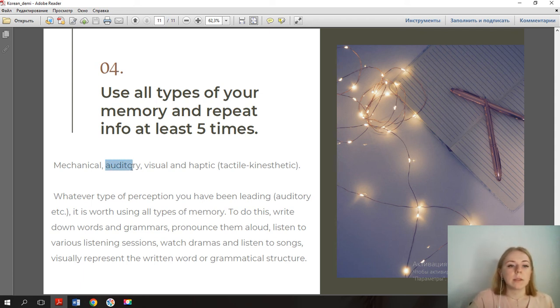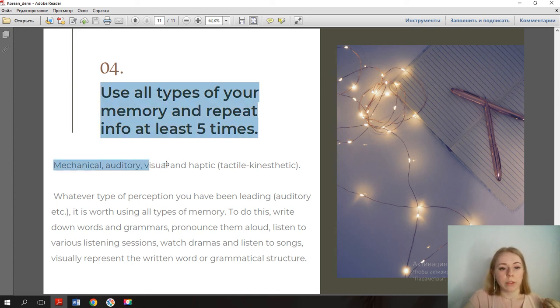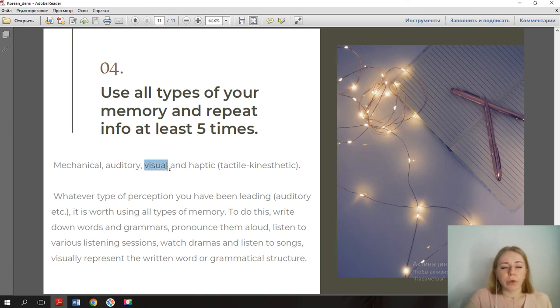Auditory, when you listen to something, for example, you listen to the radio and you are studying the words by heart. You can also use visual information when you read the text and notice it, so you can visually remember some information.